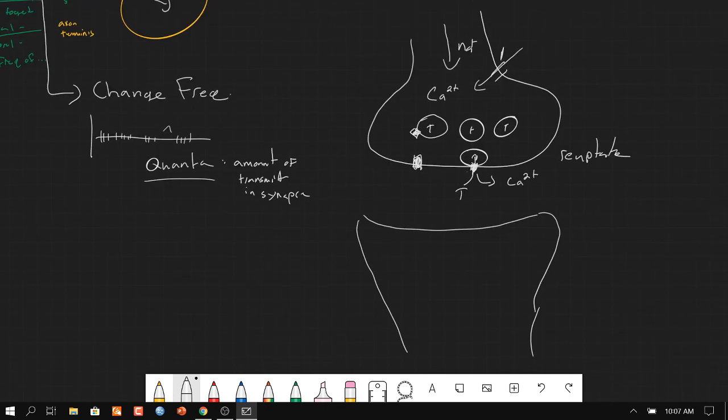Just in a bigger picture, can an end bulb stay positive? I see people nodding. Can an end bulb stay positive? Yes is the correct answer.